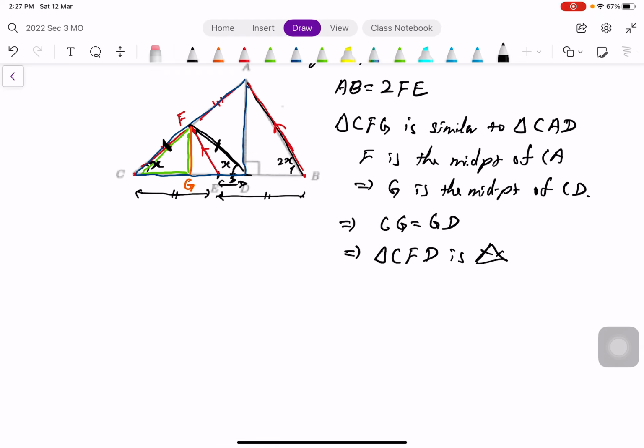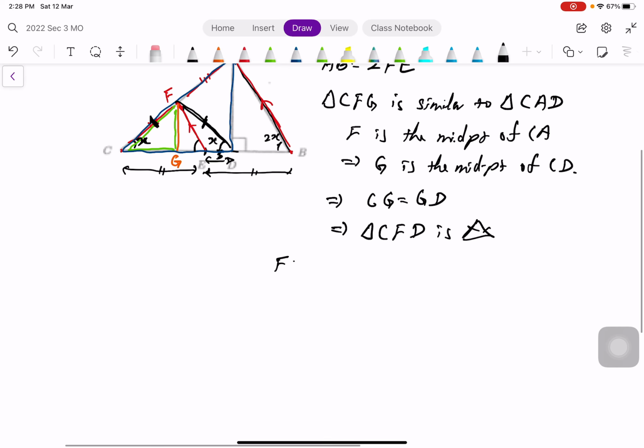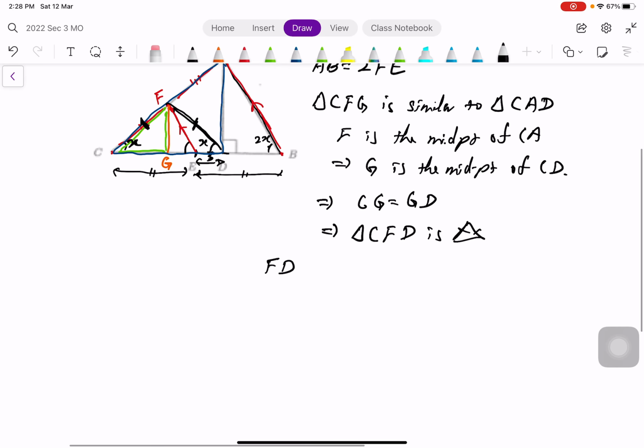All right. And in this case, can you see that this part here, okay, then what does it mean? That means your FD is equal to what?